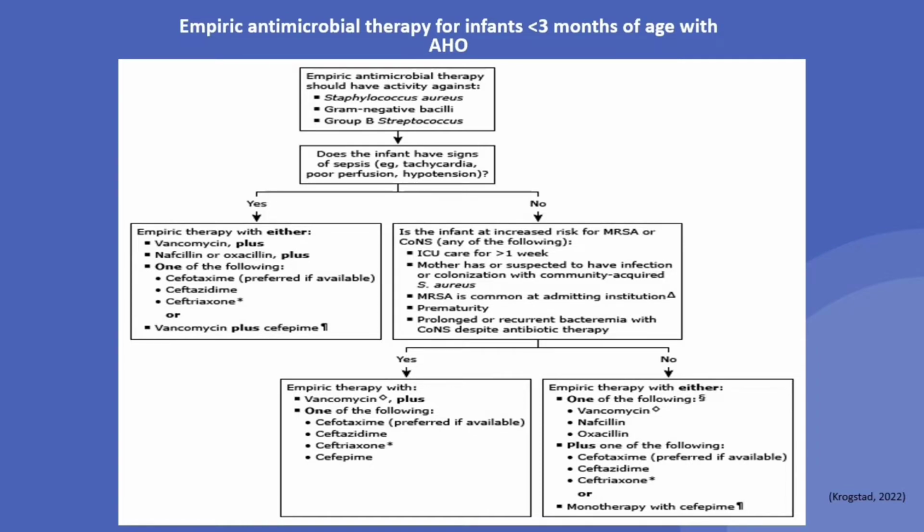Second is to consider if the infant has signs of sepsis like tachycardia, poor perfusion, and hypotension. If yes, then the drug regimen should include vancomycin plus oxacillin or nafcillin, plus any of the following: cefotaxime, ceftazidime, ceftriaxone, or vancomycin plus cefepime.